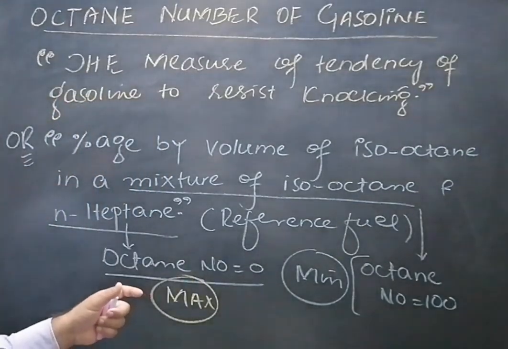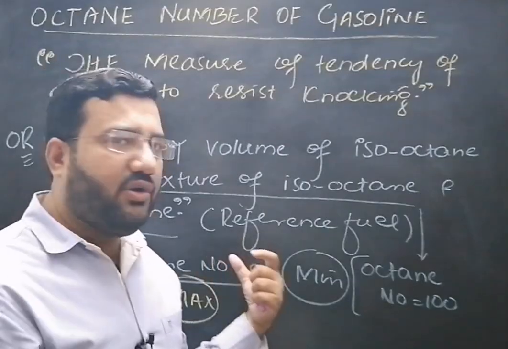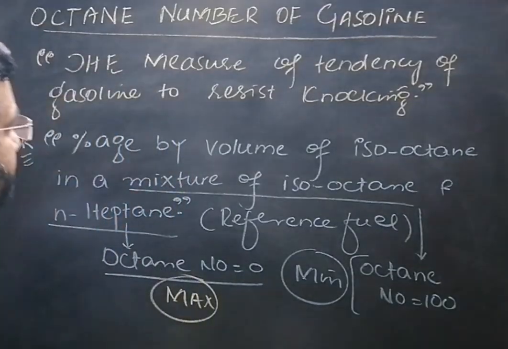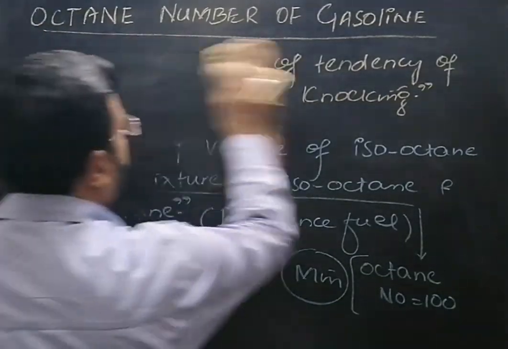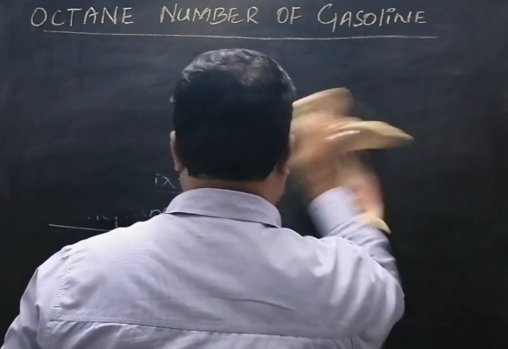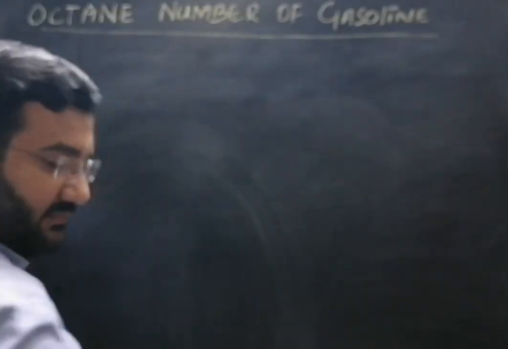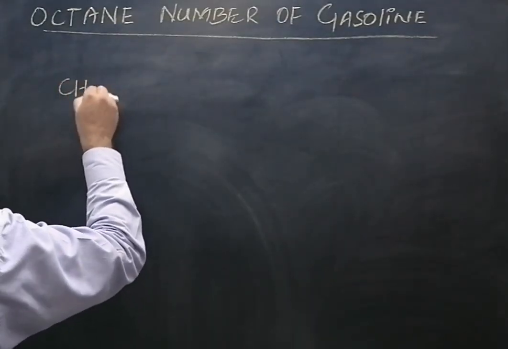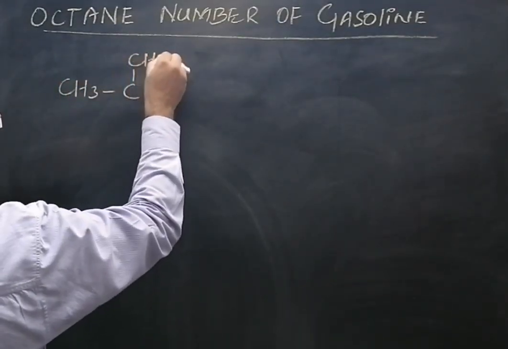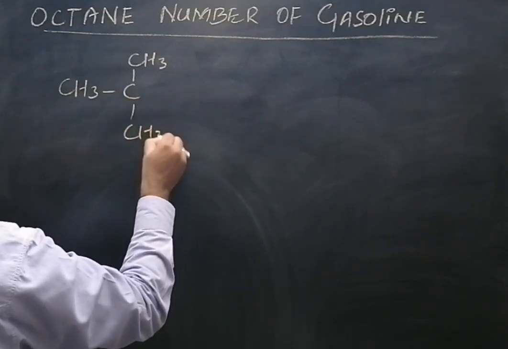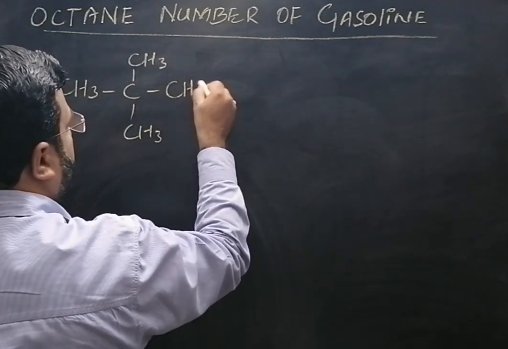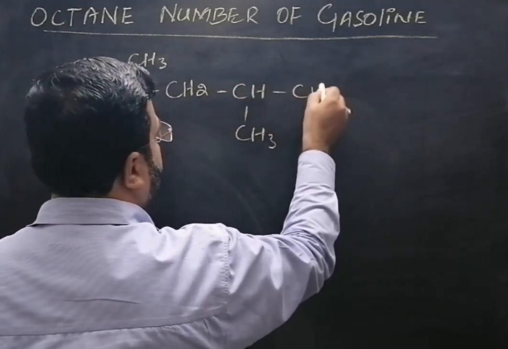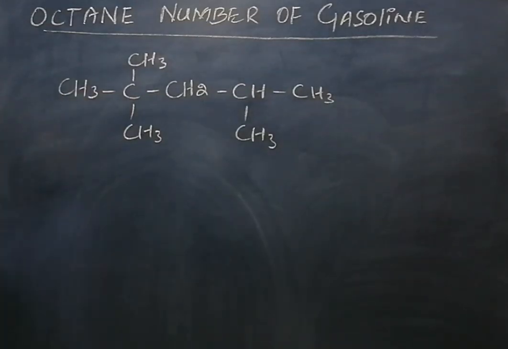Now let us discuss the structure of the isooctane and normal heptane and the composition of the reference fuel. Basically, dear students, isooctane, this one is the structure of the isooctane.